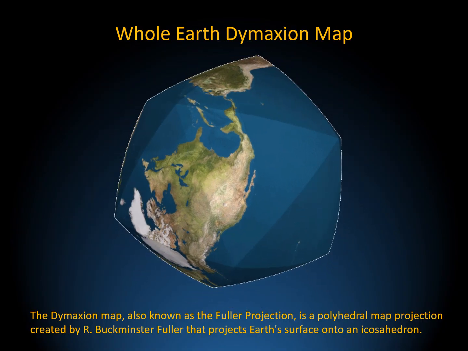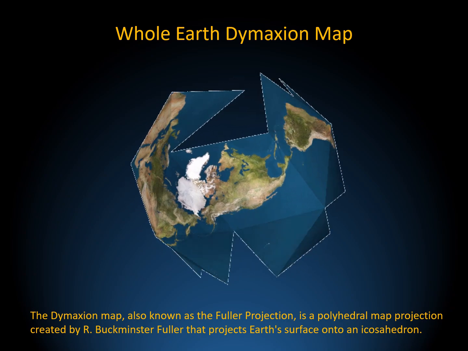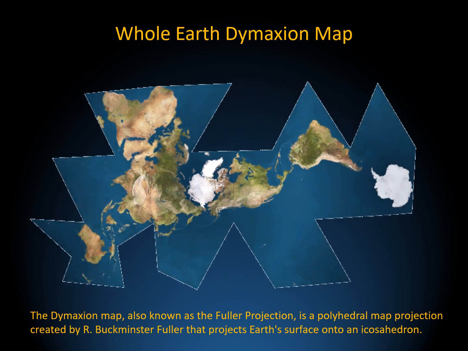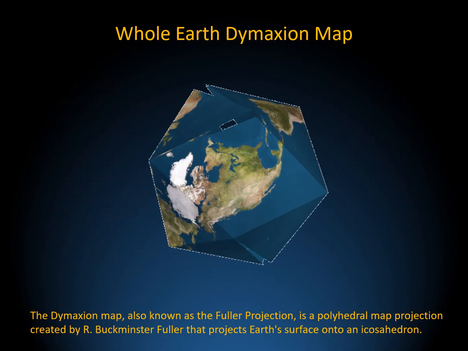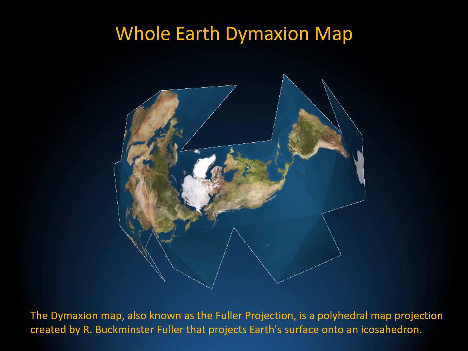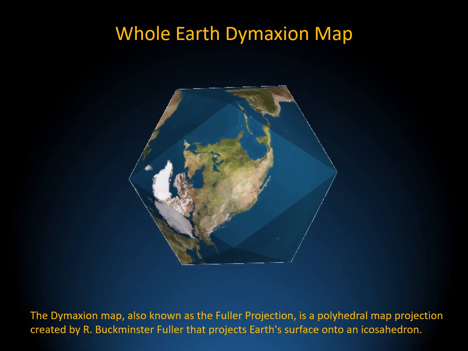This projection is an attempt at solving the difficult problem of map distortion for other projections. Each face on the icosahedron would have similar scaling whether east-west or north-south.